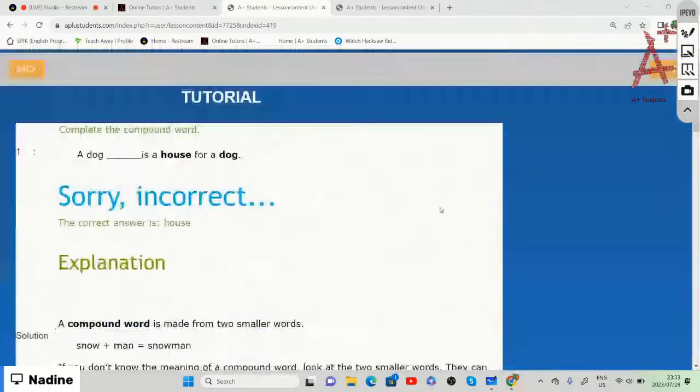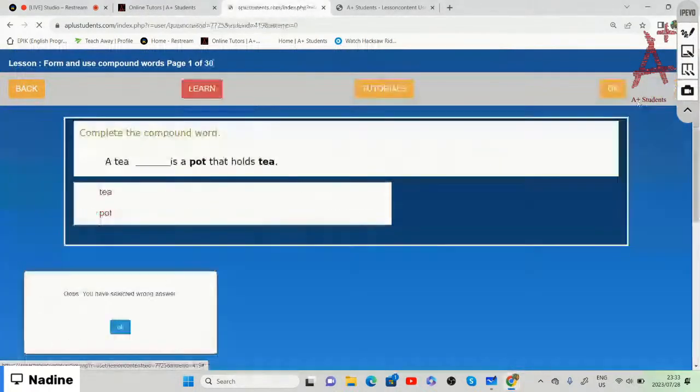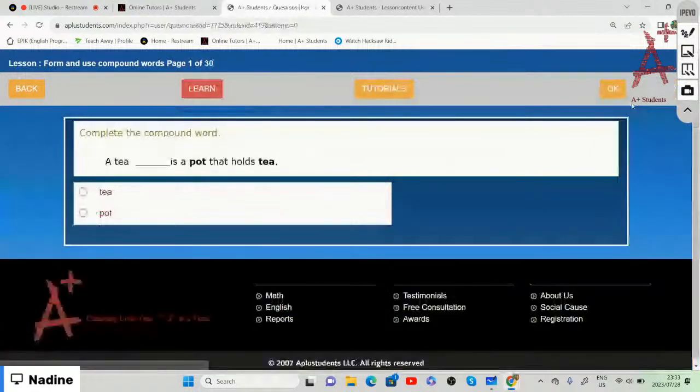All right, so now we're going to do a test. Okay, so we need to complete the compound words, right? A tea is a pot that holds tea. What holds tea, right?